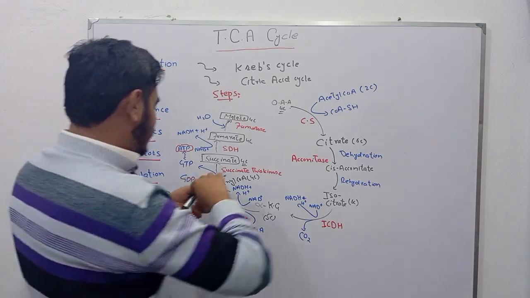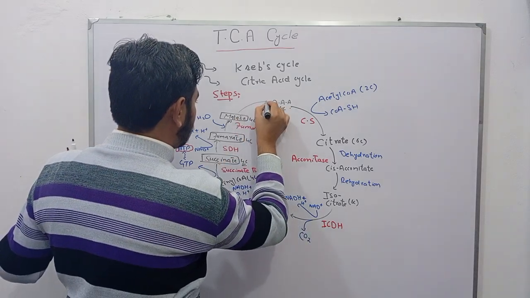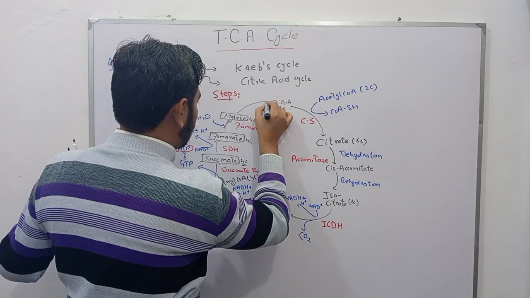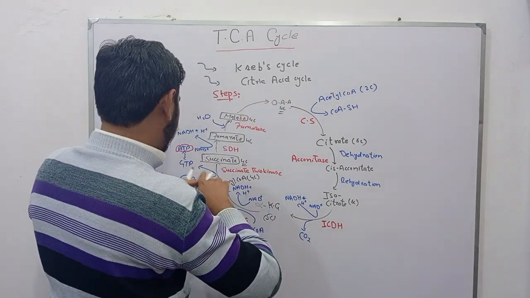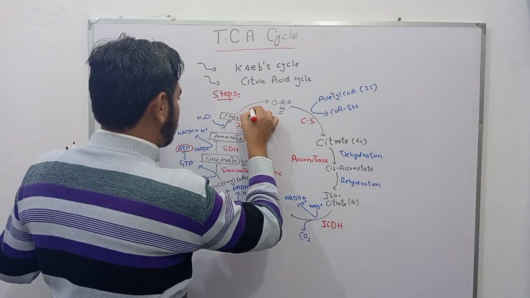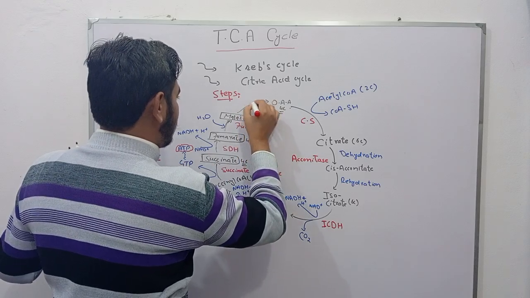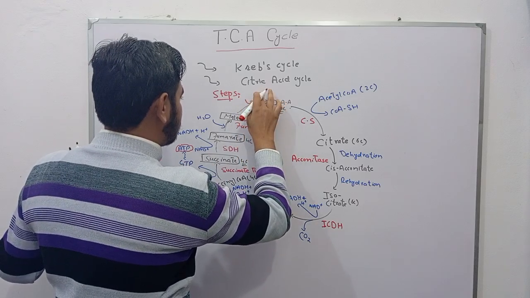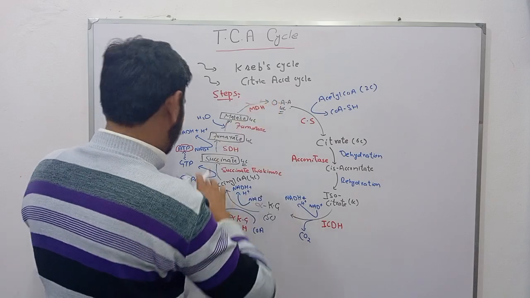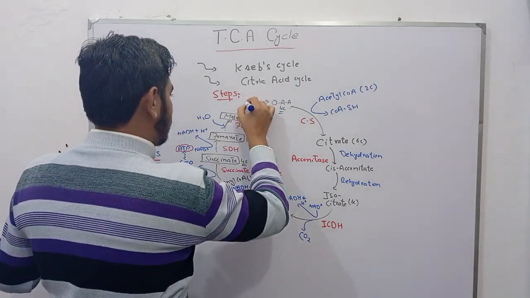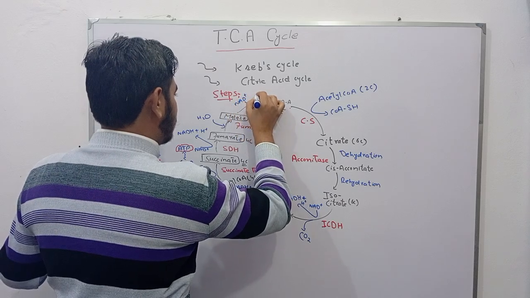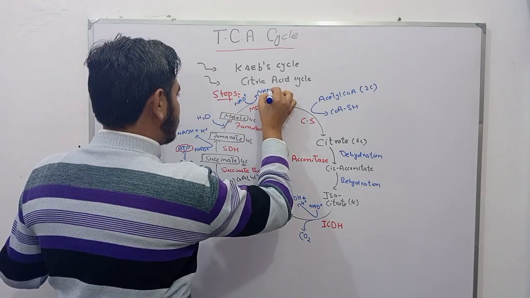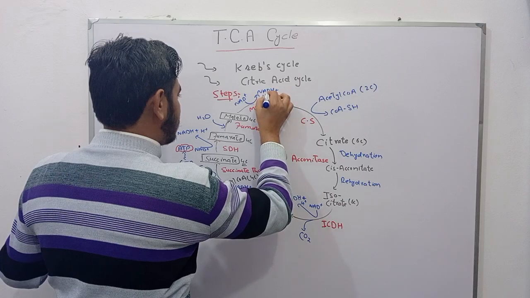And malate converts into oxaloacetic acid with the help of malate dehydrogenase enzyme, and here NAD plus converts into NADH and H plus.